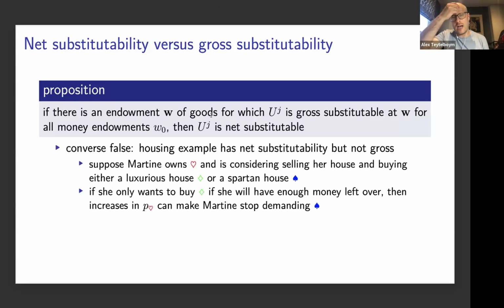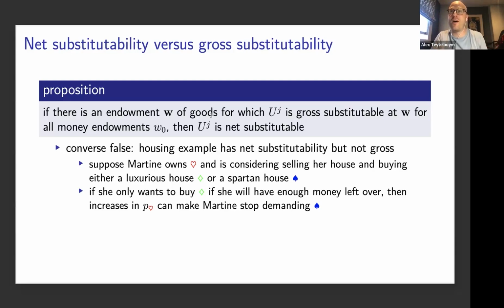Let's think about the converse, and why it's not true that net substitutability implies gross substitutability. I'm going to claim that in the housing market example, an agent satisfies net substitutability, but not gross substitutability. It's very easy to see why they satisfy net substitutability. They want one house.